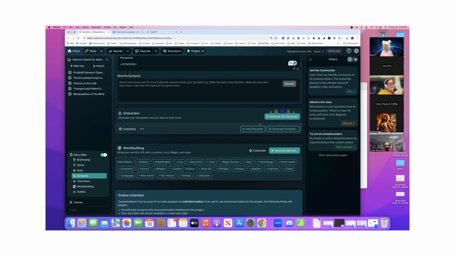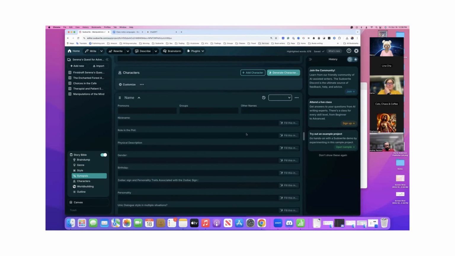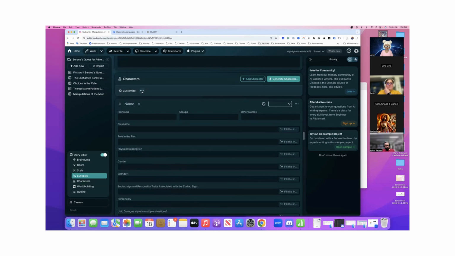Okay, let's see. I'm going to generate. Should I do all of them? Let's do one character. All right. Now it's supposed to. That's not here. Export. Is it going to work?